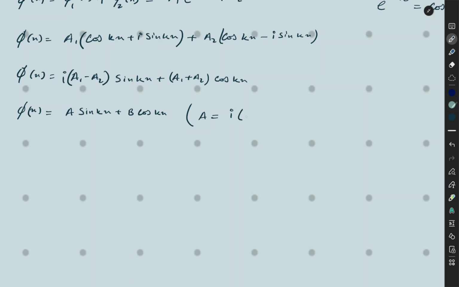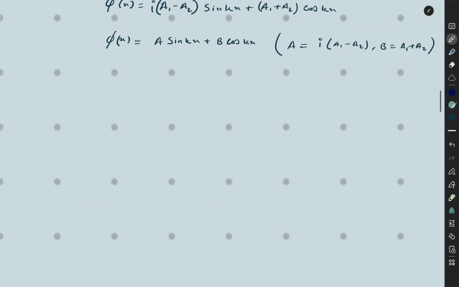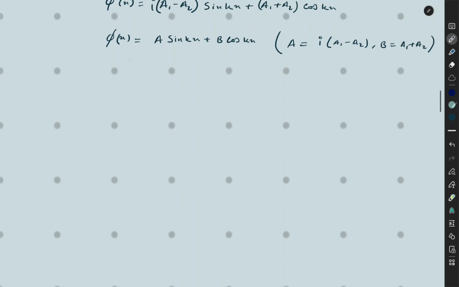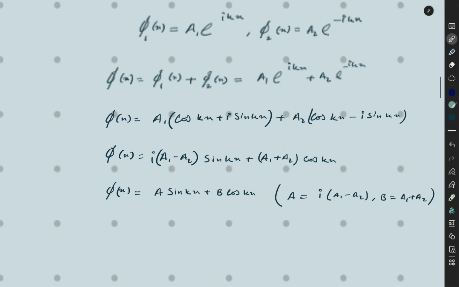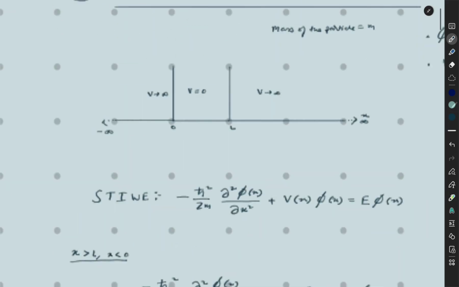Here we will take B as A1 plus A2. So now we have got this wave function. Now we will apply the boundary conditions.